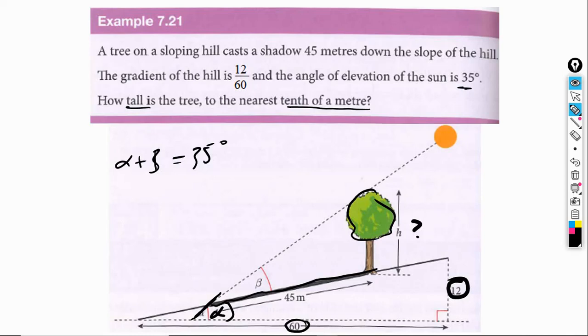Well, one of the easiest things to do is to find angle alpha using the right triangle. And then with that, we could find angle beta. So let's start with that. Now notice that alpha is equal to the inverse tangent of 12 over 60.